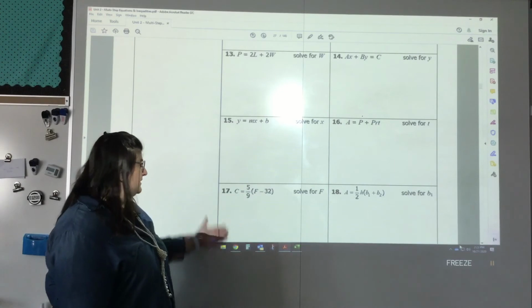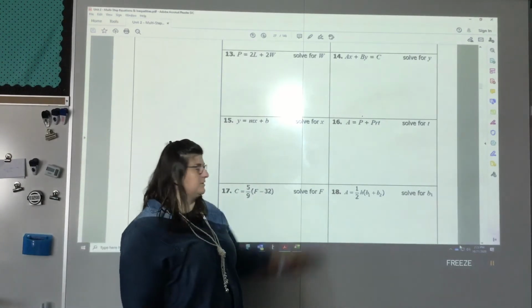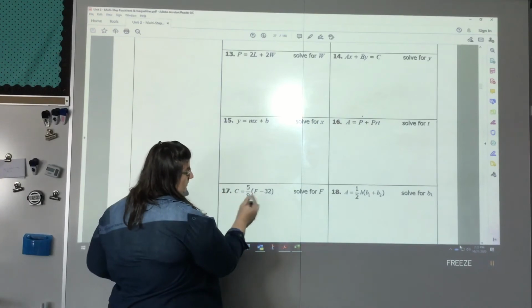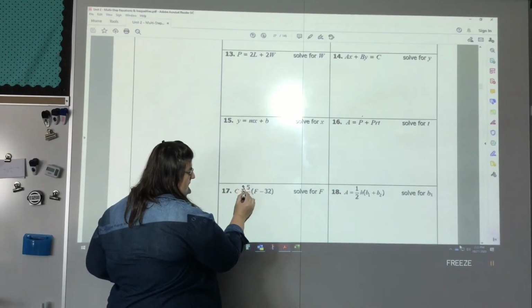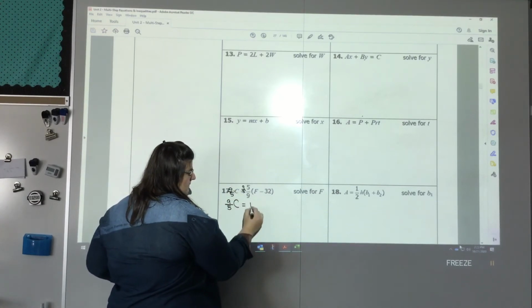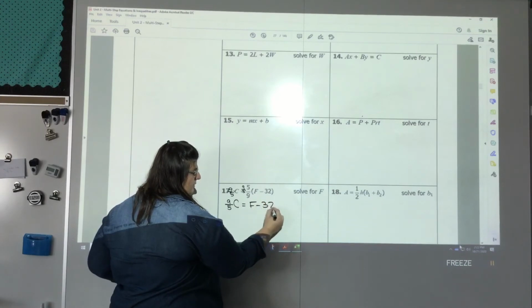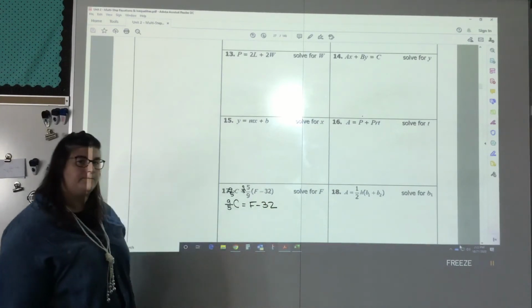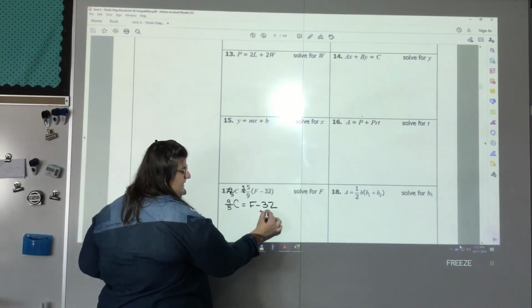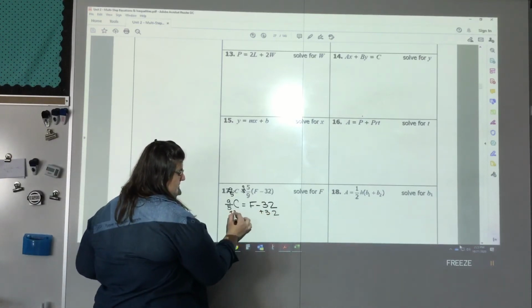This is Celsius to Fahrenheit, and we're going to solve for Fahrenheit, F. Again, I need to multiply by the reciprocal, so I'm going to multiply by 9 over 5. So I've got 9 over 5 c equals F minus 32. One more step. I love this. We just add 32 to both sides.